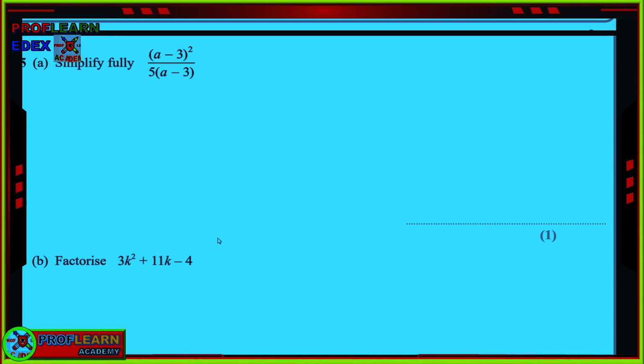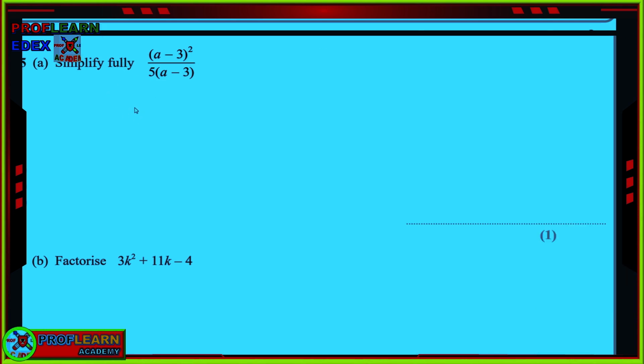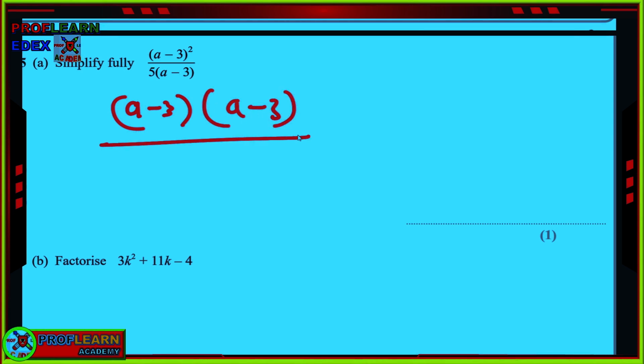As you are also going to sit for that exam, another concept that will be looking at you is how to simplify expressions. Here we have an expression to simplify, just to guide you how to answer similar questions in exams. This is the same as a minus 3 divided by 5 into a minus 3.